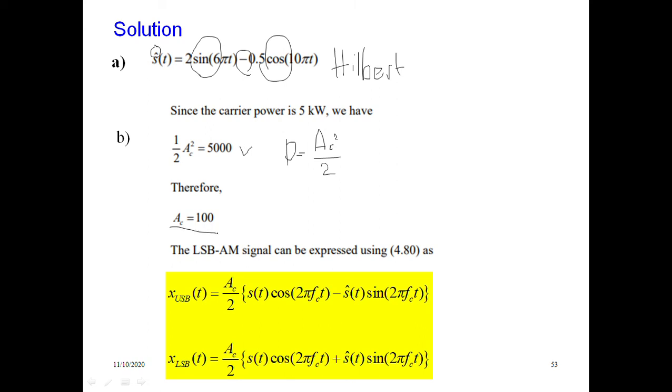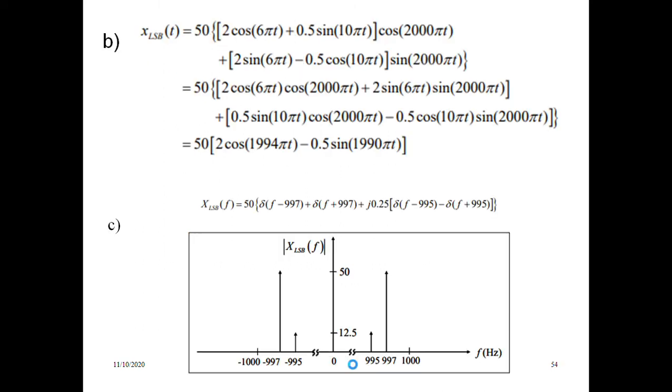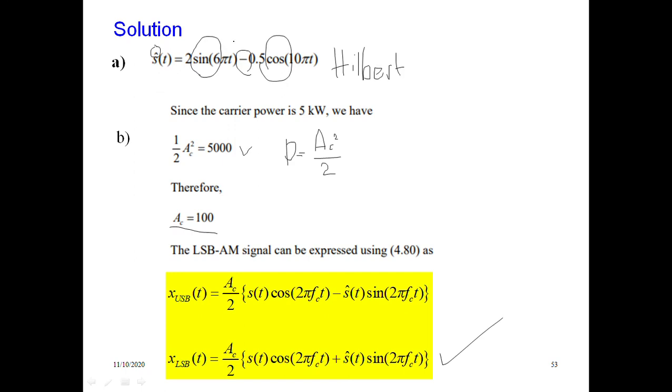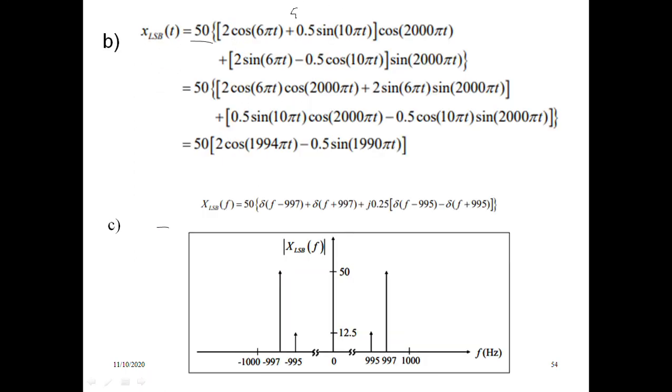To find the lower sideband, you will have to use this equation. For the lower sideband, you have the S hat, and the rest you can also substitute. Remember A_c just now is 100, A_c divided by 2 is 50. 2 cos 6πt is the original signal, this is S(t).